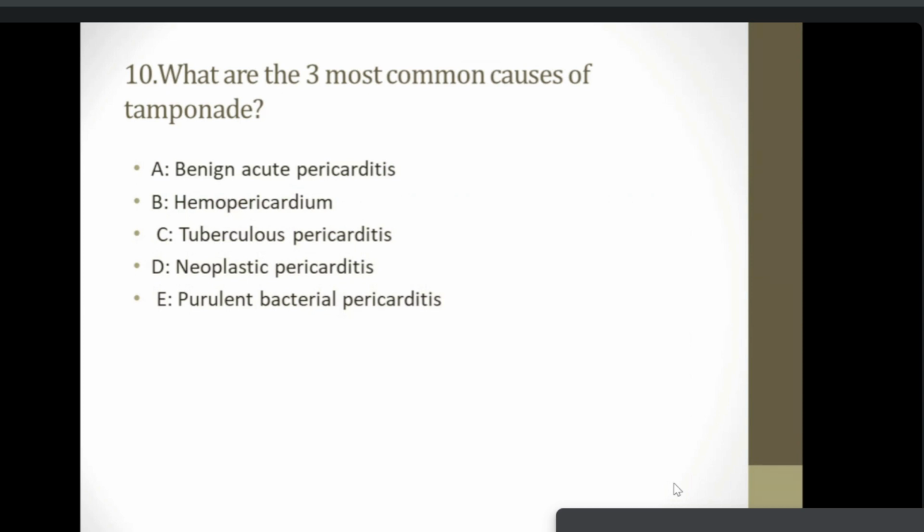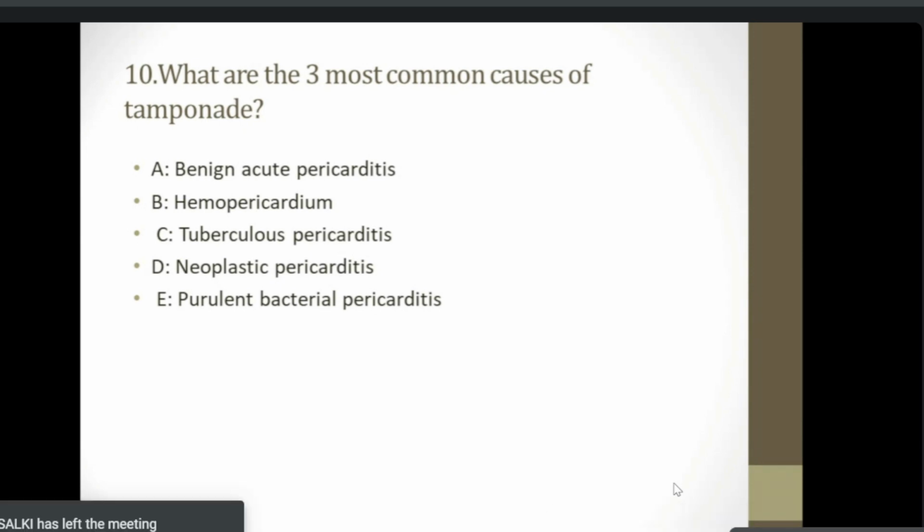I don't know if it's the last, but the question says, what are the 3 most common causes of tamponade? We have benign acute pericarditis, hemopericardium, tuberculous pericarditis, neoplastic pericarditis, and purulent bacterial pericarditis. Pay attention to the question.